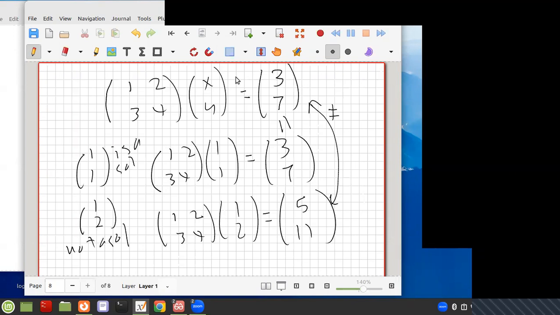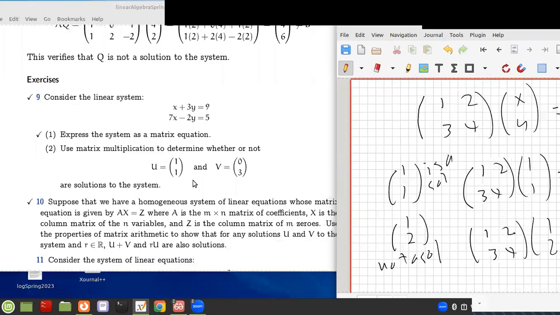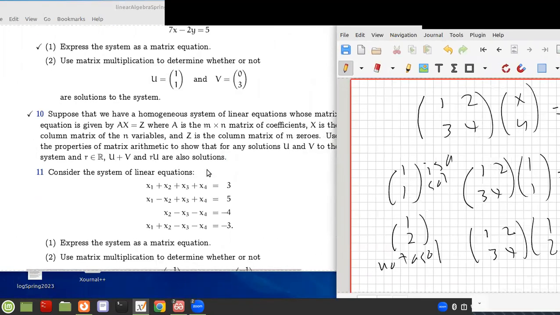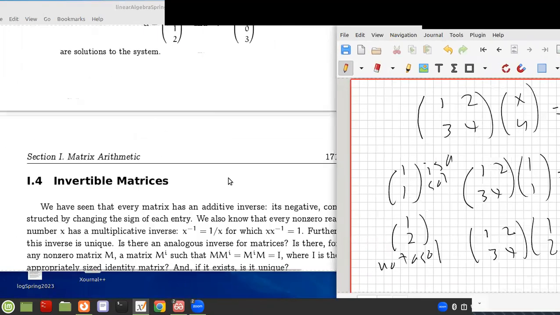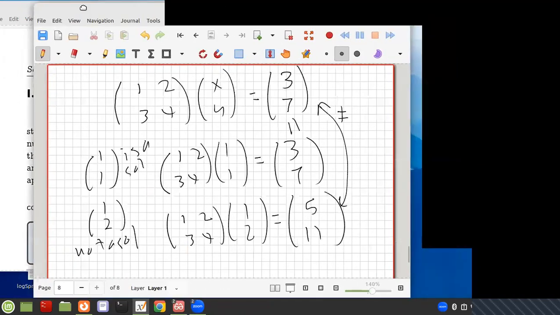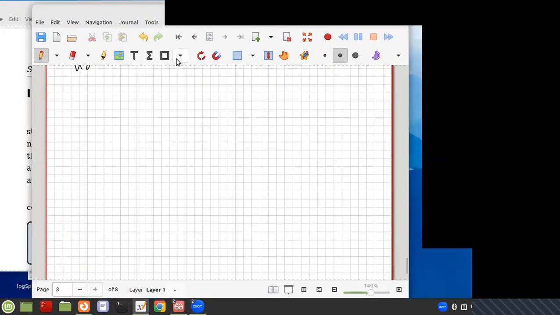But for other linear systems that do have a free variable, they might have an infinite number of solutions. And here's how you can check that. Okay, I think that's basically what you can do with this form.